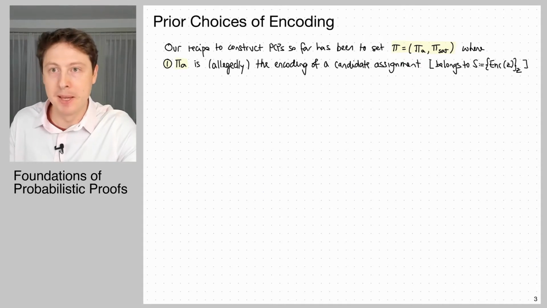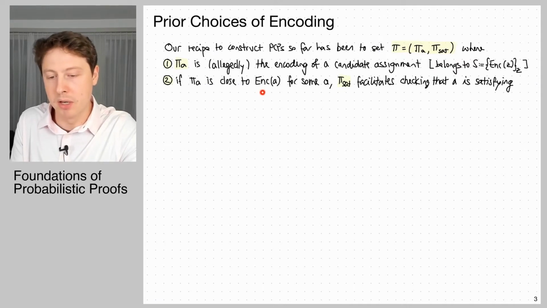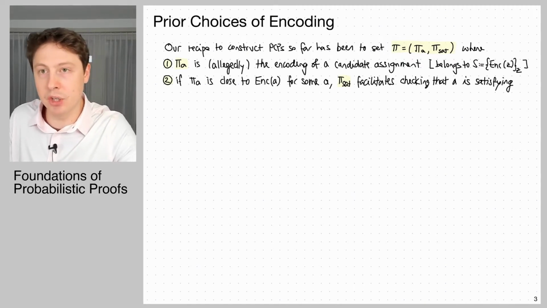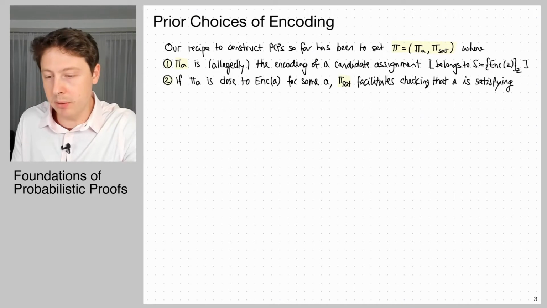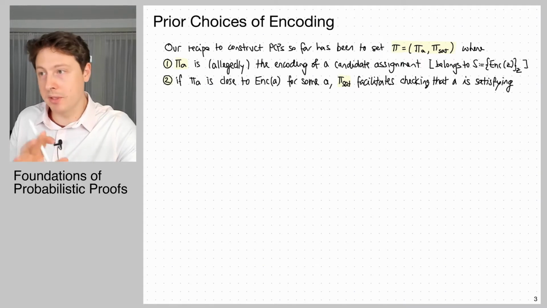And then we had some auxiliary proof of satisfiability such that if the first part of the PCP is reasonably close to some valid encoding, then by leveraging the second part of the PCP, we can establish that whatever message was encoded does satisfy some set of constraints that can represent membership in the language. So this was our recipe.